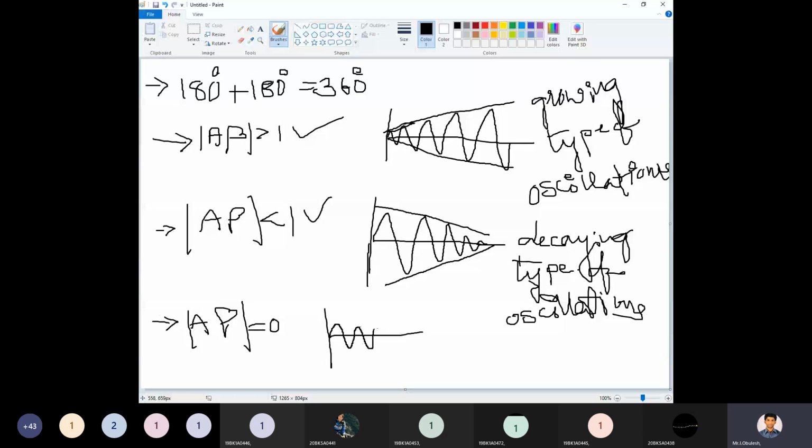The amplitude and frequency values are constant or fixed. You need to remember that.